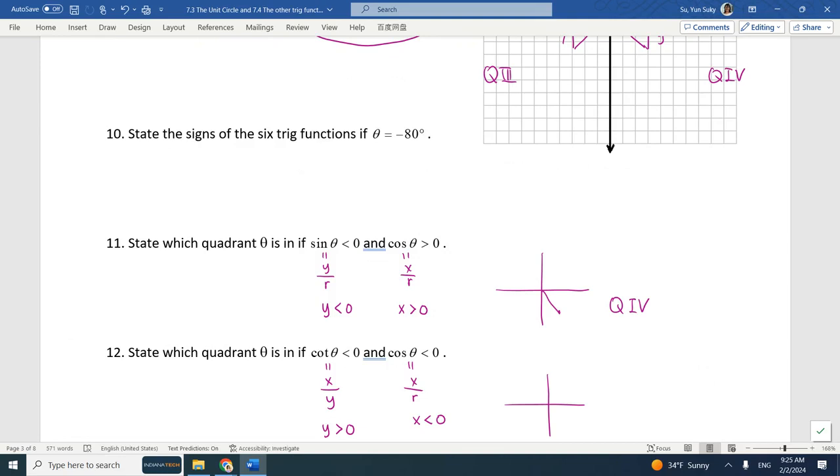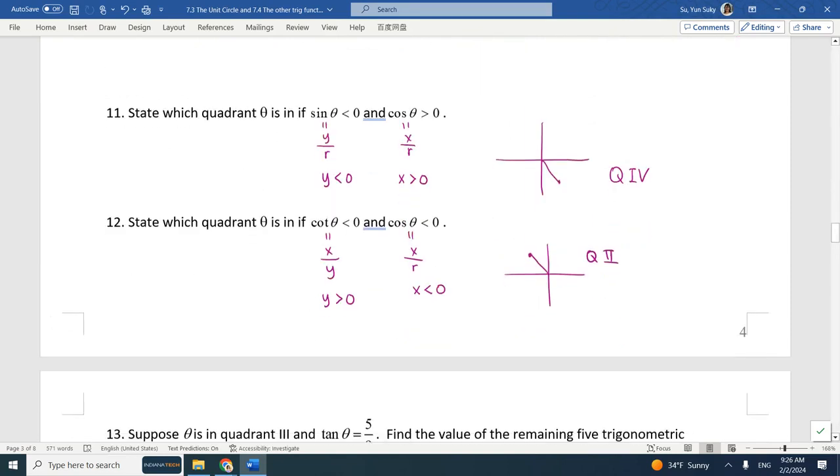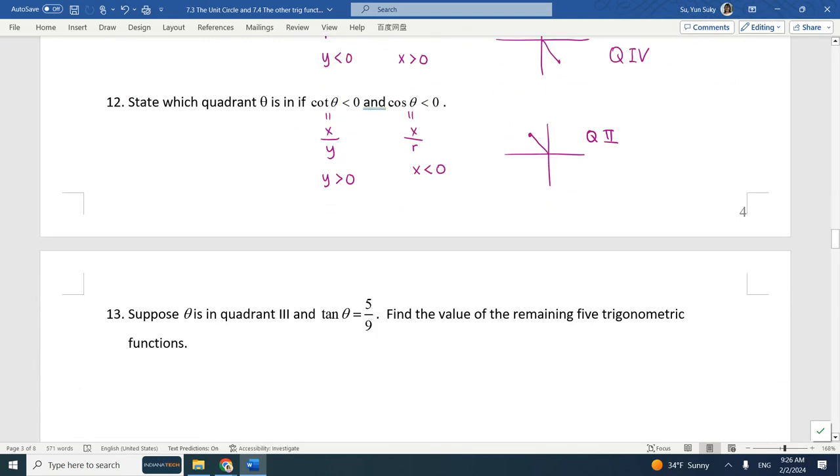Where are we? Quadrant 2. Is that okay, everybody? Good. So sometimes if you write it down, you cannot figure that out. Look at the other one first, then you go back and figure out the one. All right, so good. Let's keep going.